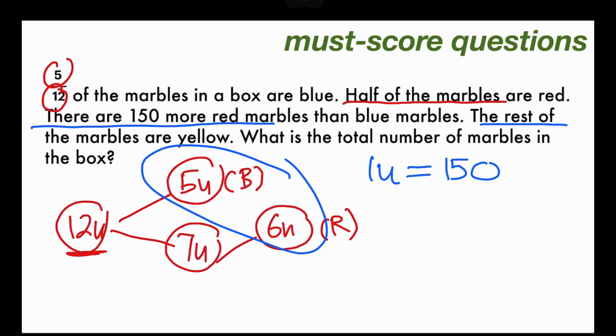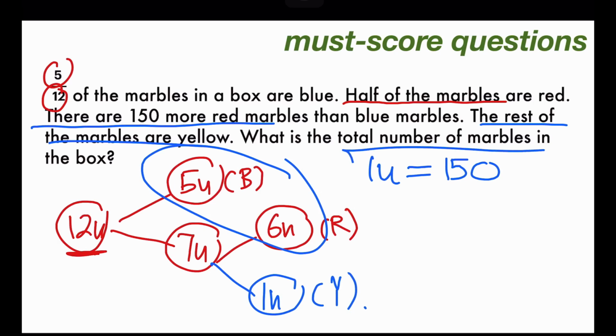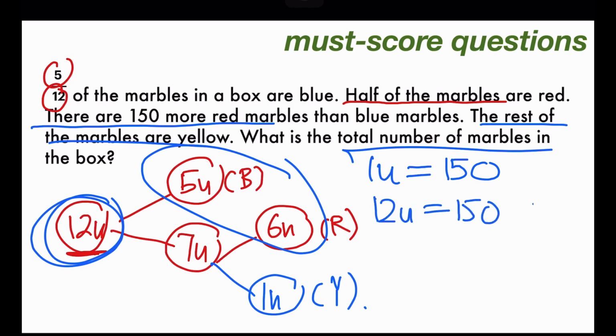Then the rest of the marbles are yellow, and you know that this 1 unit is yellow. Then the last step, total number of marbles in the box. The rest of the steps is the same. You are finding this 12 units here, which is 150 times 12. You would derive the same answer, 1,800. So this is using branching, while the previous method uses model drawing.